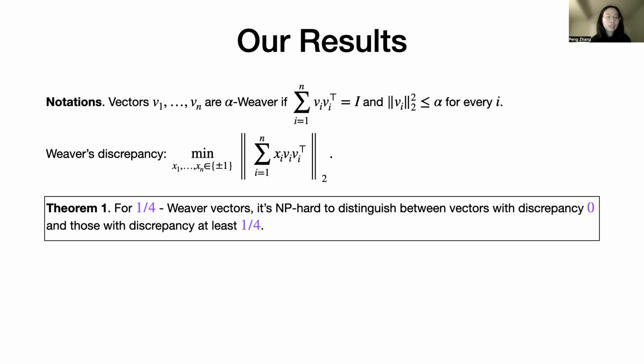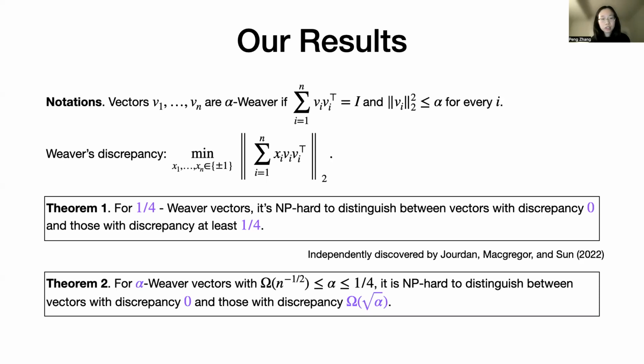We show that for 1/4 Weaver vectors, it is NP-hard to distinguish between these vectors with discrepancy 0 and those with discrepancy at least 1/4. This result was independently discovered by Jordan, McGregor, and Sun recently.